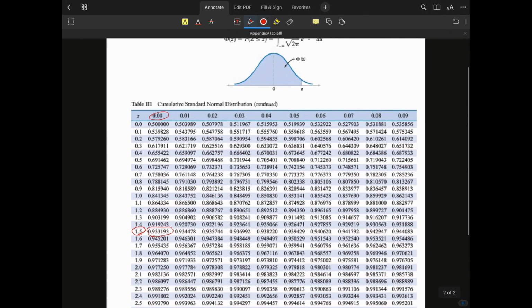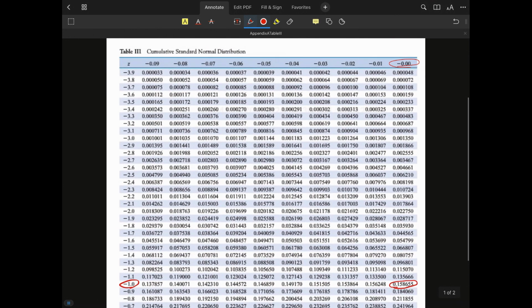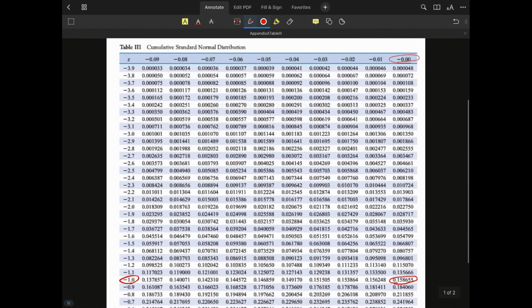To find the probability of z less than 2, this is 2.0, and this is the second digit, so that probability is 0.97725. And for the probability of z less than -2, we've got to go to the negative side of this table, and here is -2.0. The second digit is in the last column, so here, this is the probability, 0.02275.